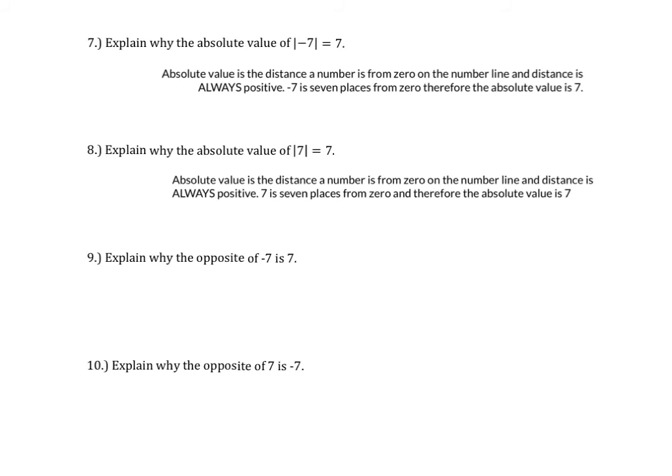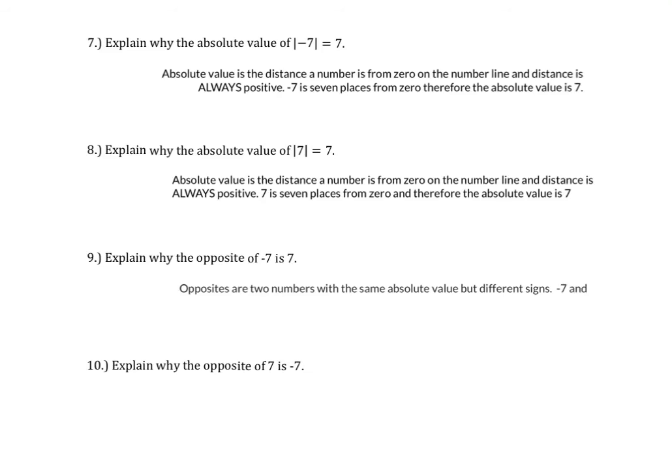All right, on number 9, we've moved into opposite. So explain why the opposite of negative 7 is positive 7. Again, I think it's easiest to start with the definition of what an opposite is. So I'm going to say opposites are two numbers with the same absolute value but different signs.